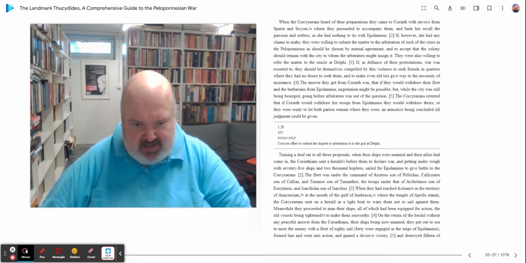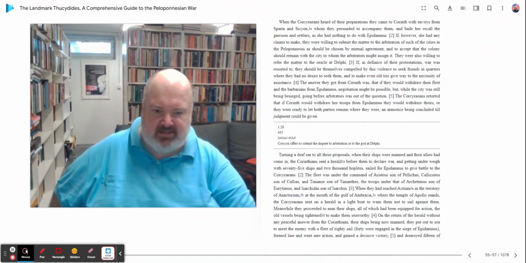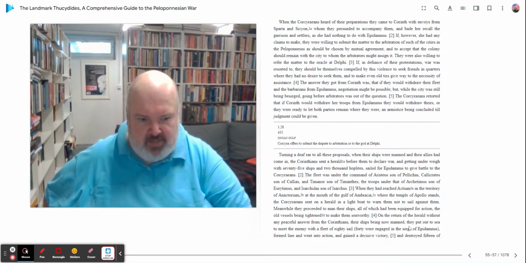Meanwhile, they proceeded to man their ships, the old vessels being undergirded to make them seaworthy. On the return of the herald, without any peaceful answer from the Corinthians, their ships being now manned, they put out to sea to meet the enemy with a fleet of 80 ships.